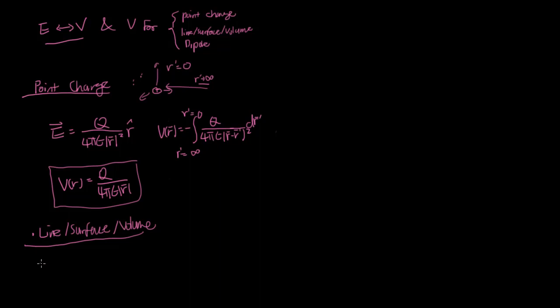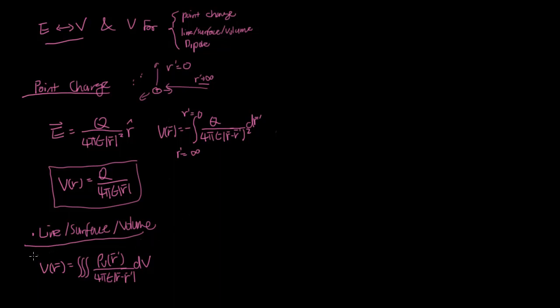So for the purposes of a volume integral, V of r is going to be equal to the triple integral of rho v of r prime all over 4 pi epsilon |r minus r prime| dv. So you're going to integrate over that entire volume, where r prime is the location of all the charges. You're going to substitute in values for r prime as you do this integral over the volume, and then you're going to be left with a function of r.